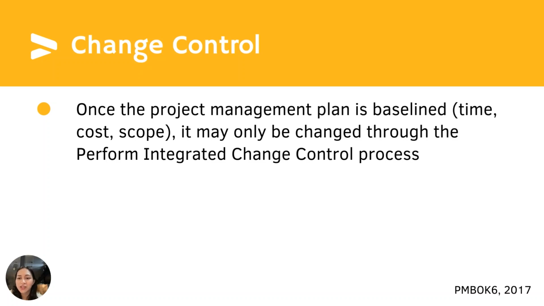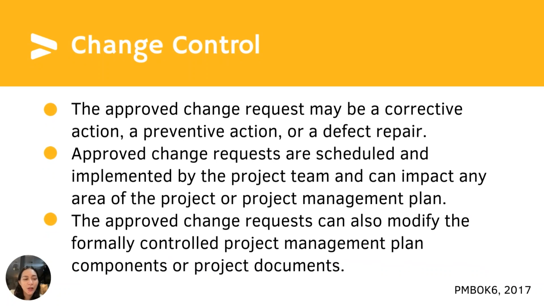Change requests will be generated and decided upon whenever a change is requested. This results in a project management plan that is progressively elaborated by controlled and approved updates extending through project closure.